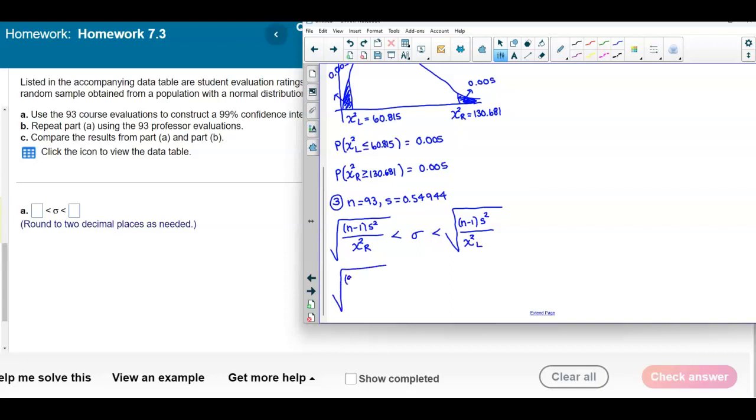We have 93 minus 1 times 0.54944 squared over the critical value on the right, which is 130.681.